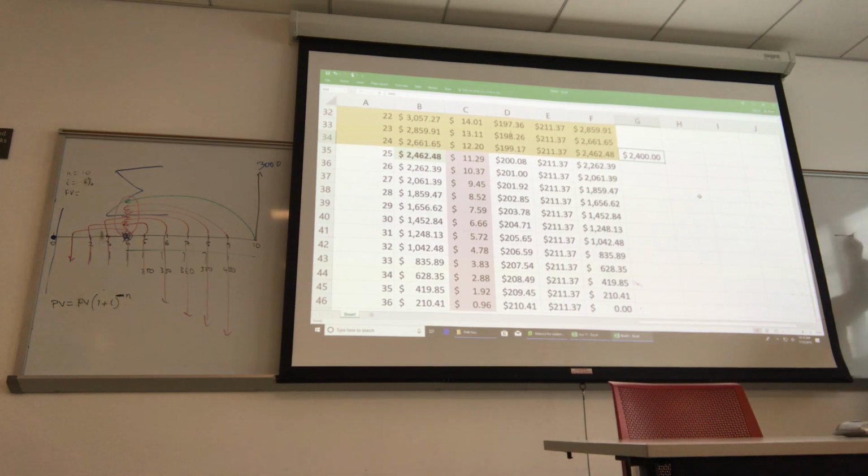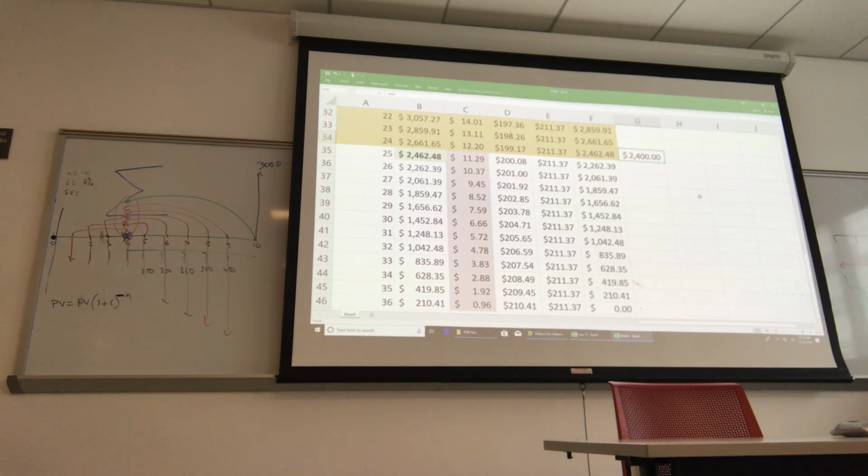42 says if you have periods of time, you can do two things. You can discount and go back, and you can appreciate and go forward. What did I ask you to do?